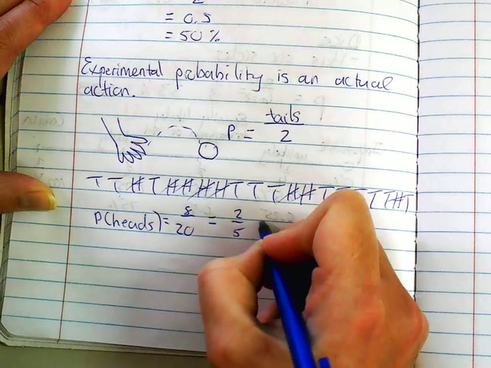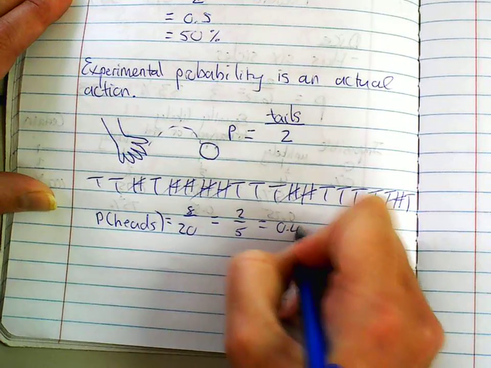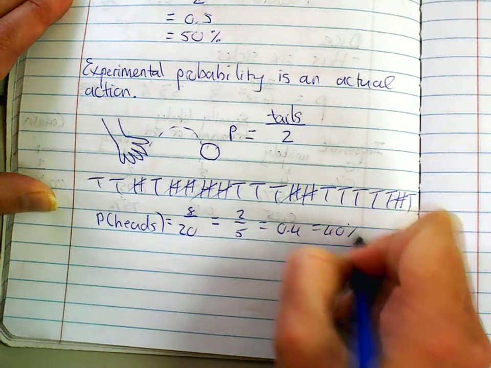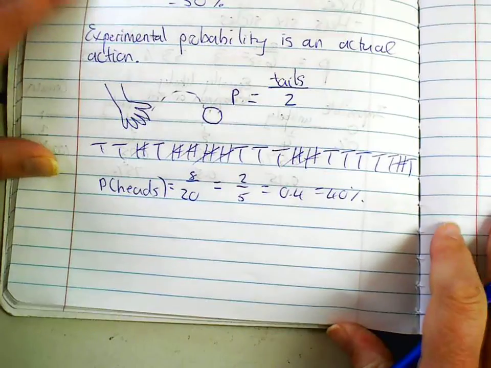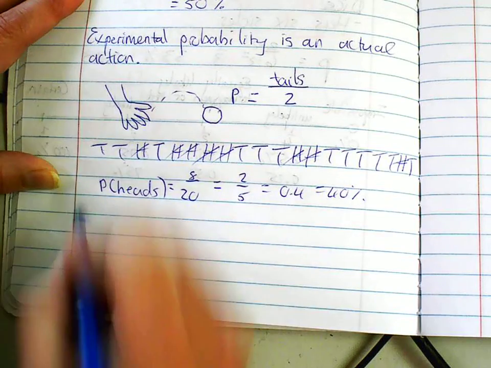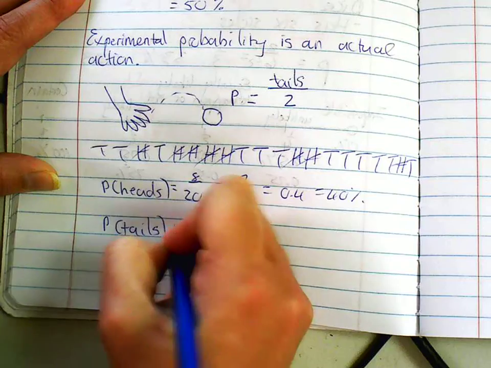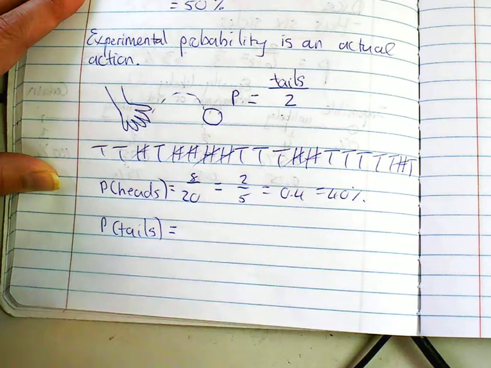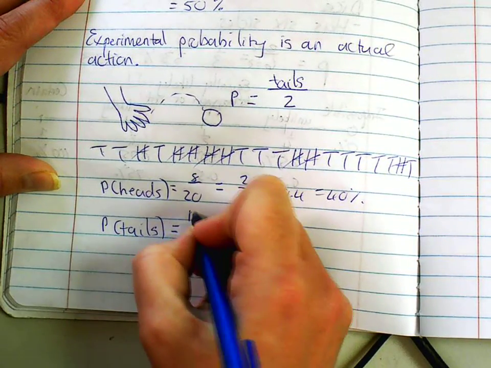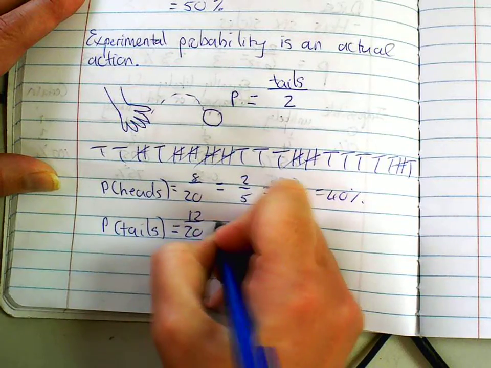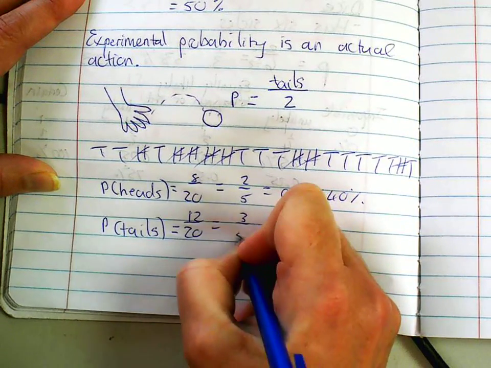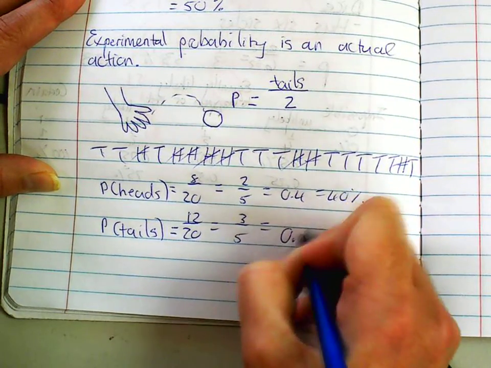And 2/5 is the same as 0.4 or 40%. Okay? So what experimental probability did I have of throwing tails? That was not 8 times, but the rest of the times, which is 12/20, divided by 4, and that was 0.6 or 60%.